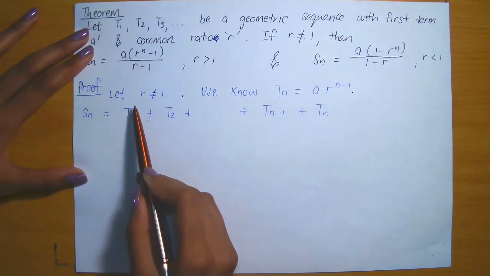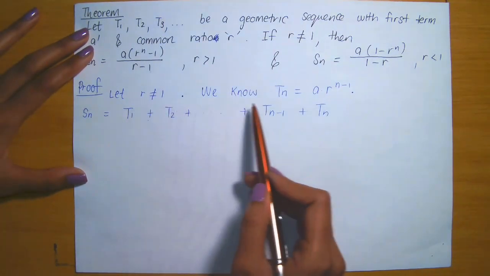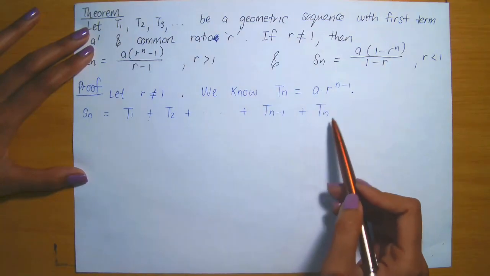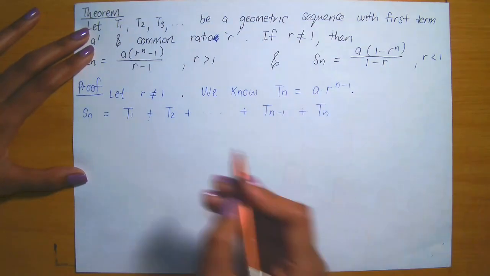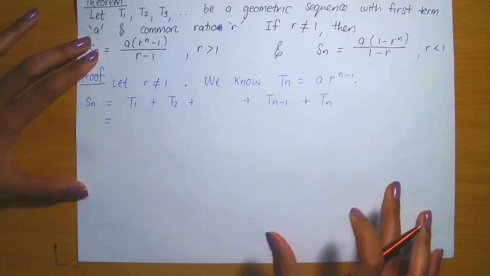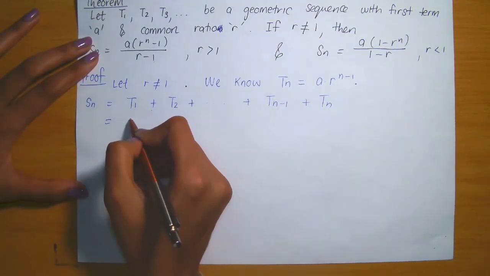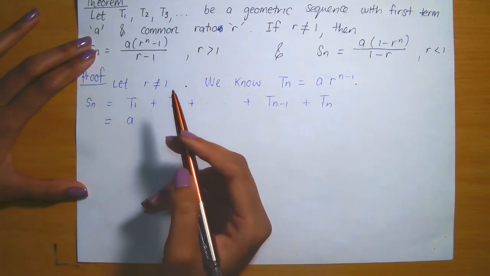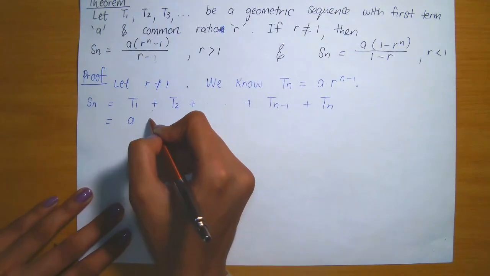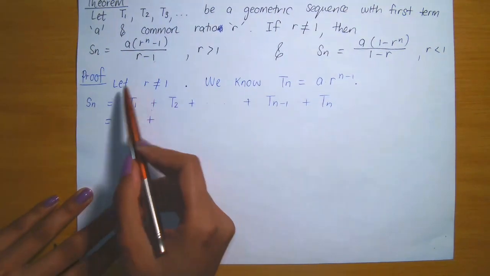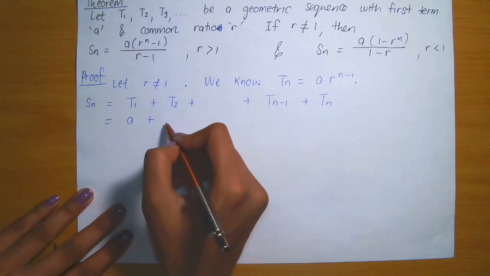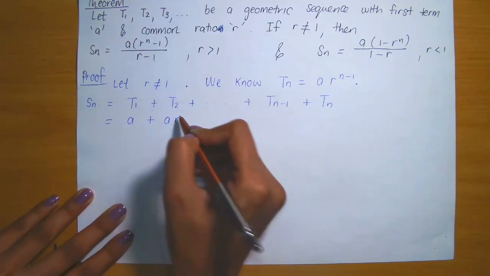Now let's write down what each term in this sum actually is in terms of our general formula. So we know that T1 is a, because our first term in the sequence is a. T2 will then be the first term multiplied by the common ratio, so it's a times r.